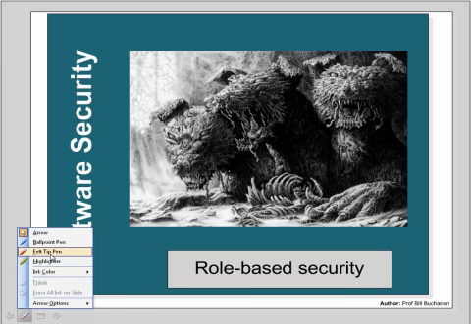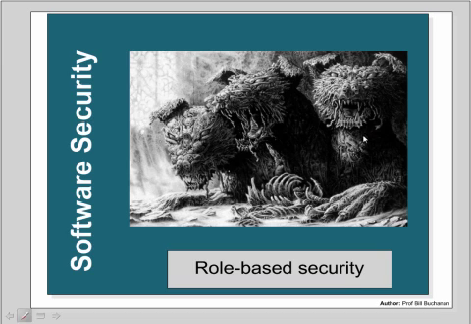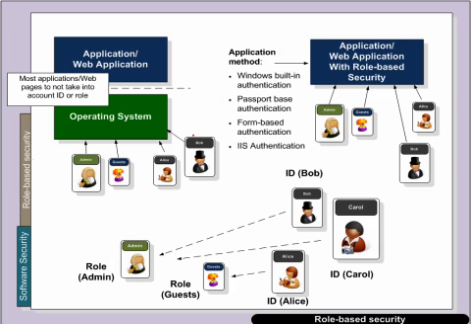Okay, so let's look at some role-based security. As we'll see, role-based security allows us to easily lock down our applications. With this, we tend to identify users and then link these to their role.